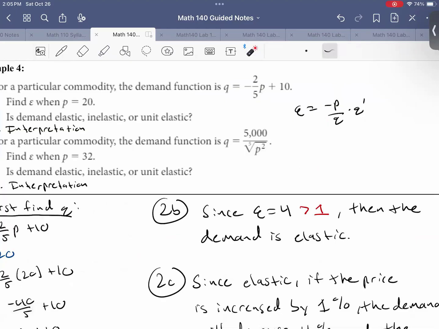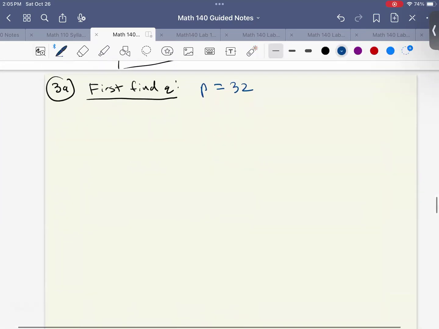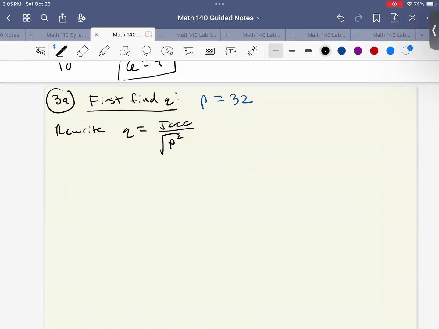When P equals 32. So I want to rewrite this a little bit so it's easier to plug in our calculator. I'm going to rewrite Q equals 5,000 over P squared to the fifth root as Q equals 5,000 over P to the 2/5. It's just easier to put in our calculator.